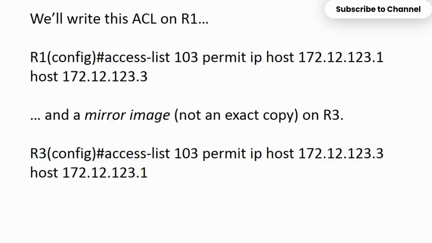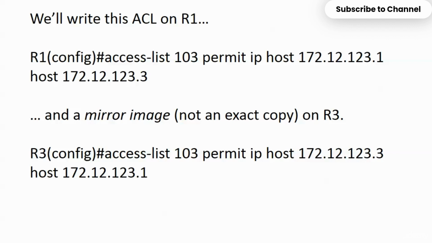If we took all of router 1's config and dropped it on router 3, we'd have to change the ACL line, ACL 103. We would have to change the setting on the key. Remember the pre-shared key? That had a peer address in it.